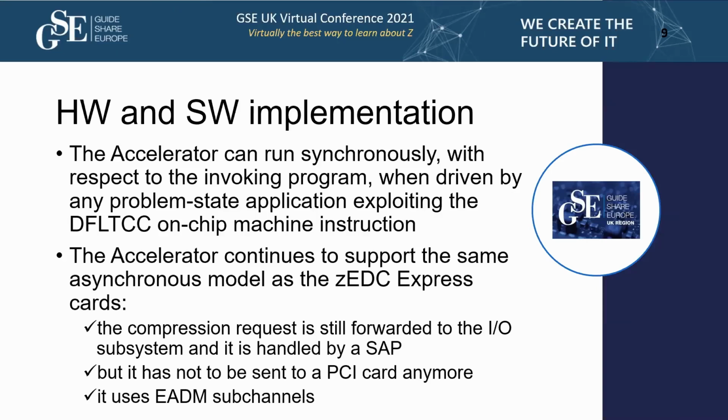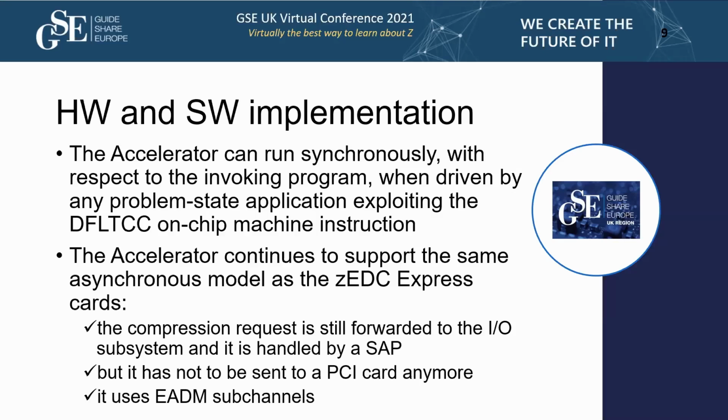So you can run a synchronous compression request to the accelerator from any problem state application which exploits the DFLT-CC on-chip machine instruction. At the same time, the accelerator will continue to support the same asynchronous model as used by the zEDC Express card, with a major difference.